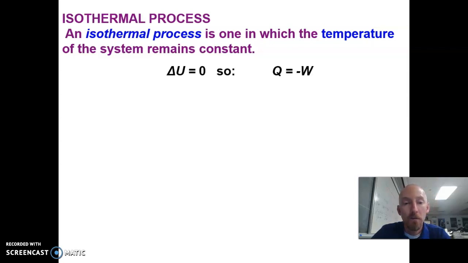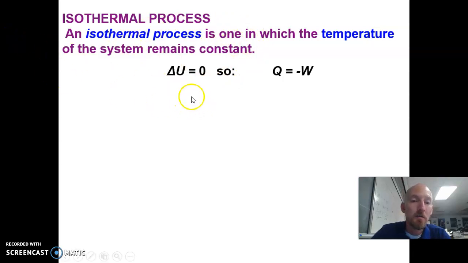When temperature is constant, your internal energy doesn't change. Temperature is a measure of internal energy, the kinetic energy of all of those atoms and molecules. So if temperature doesn't change, then internal energy doesn't change.